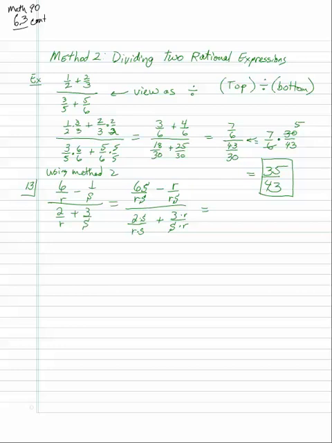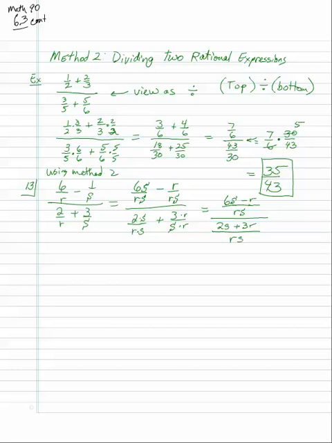So that's going to get me 6s minus r over rs, divided by 2s plus 3r over rs.